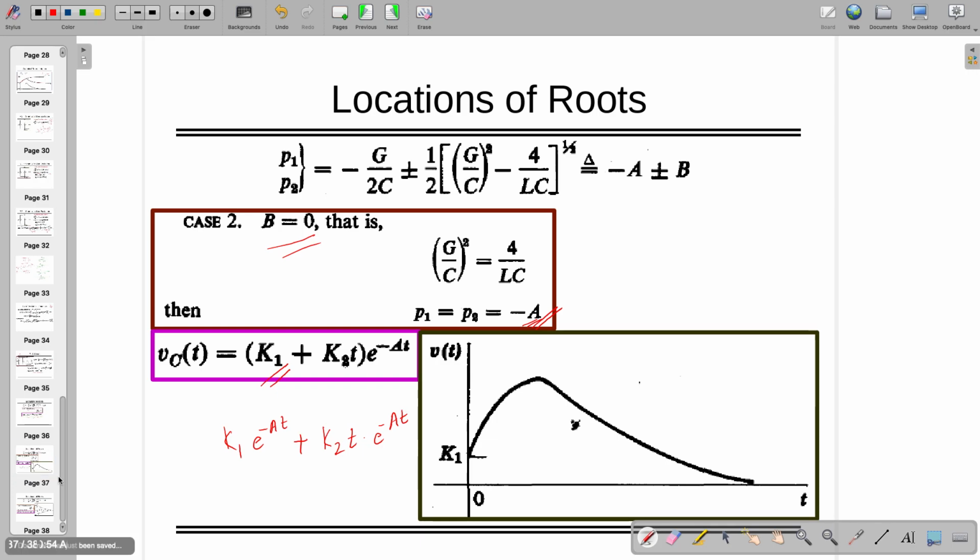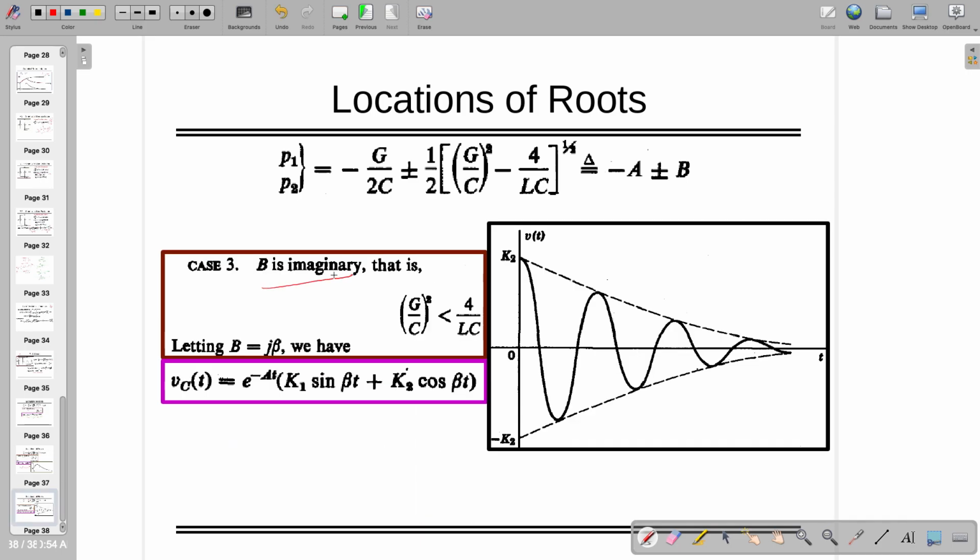But the problem occurs when b is imaginary, right? The solution has minus a plus or minus j times b. This is what we have seen in the case of Bode plot.